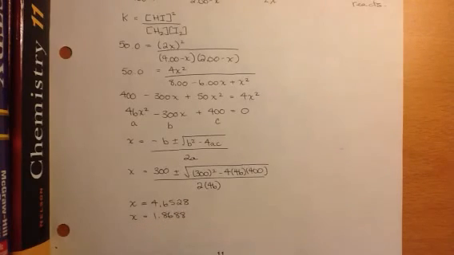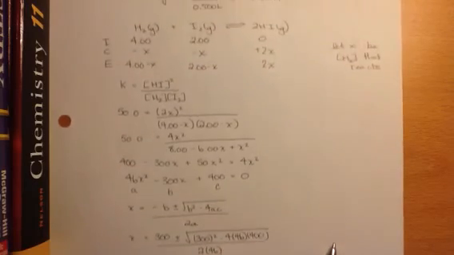1.8688. Now, both of these two values are, of course, possible answers, but we can eliminate one by looking back at our original question. Let's go back to our ICE chart. We've got 4.6 and so on as one possibility, or 1.86 as the other possibility.